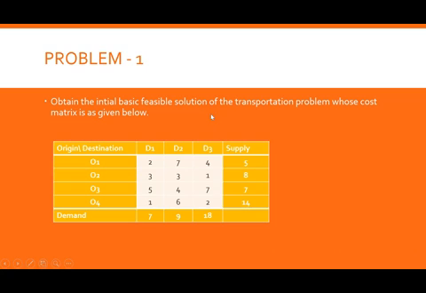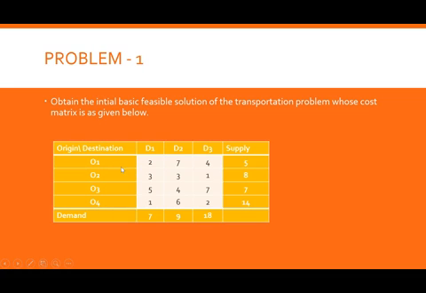Obtain the IBFS of the transportation problem whose cost matrix is given below. Because a cost matrix is given, it has to be a minimization case. The cost matrix has three destinations D1, D2 and D3, and four origins O1, O2, O3, O4.